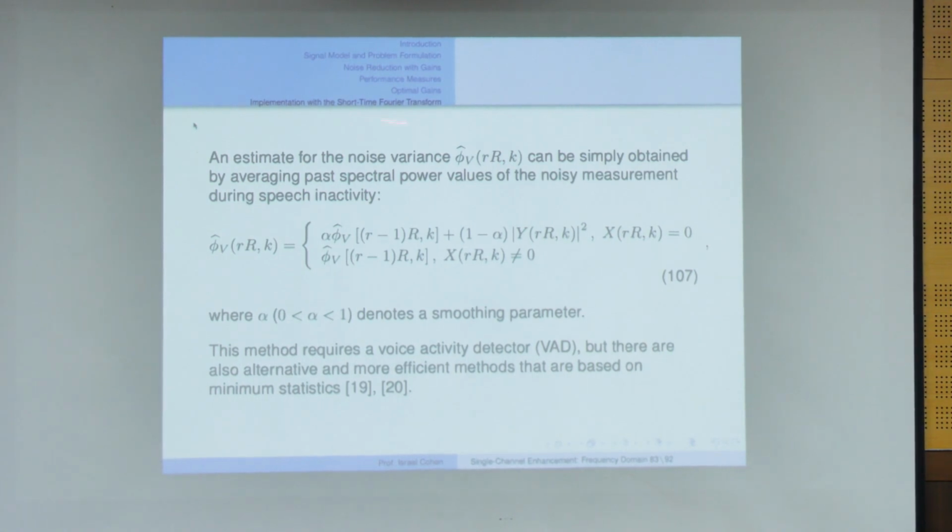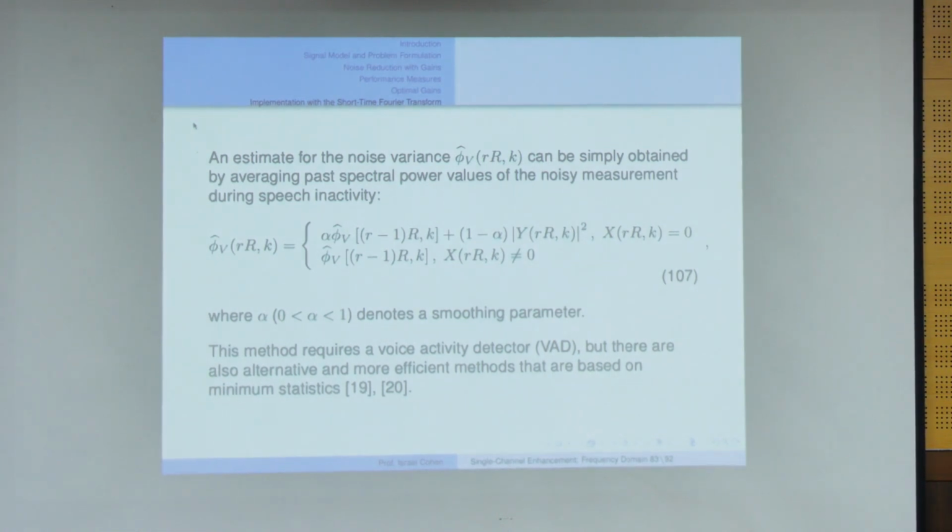Because for speech, there are intervals where speech is not present, and if you have a voice activity detector, you can recursively estimate here. But if you have some applications where you know that the noise is stationary, and you know the durations of periods where you have no signal, as with radar or something else, you know when there is a signal and when there is no signal, because you send the signal.